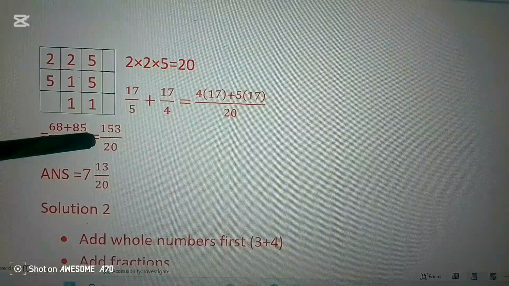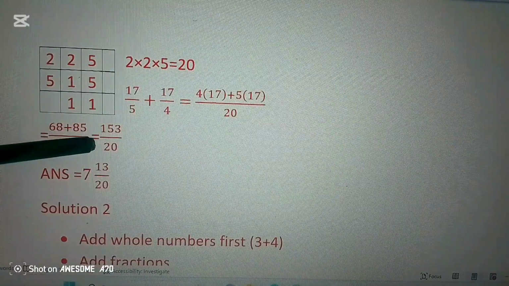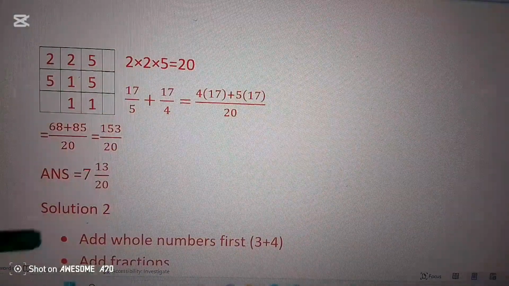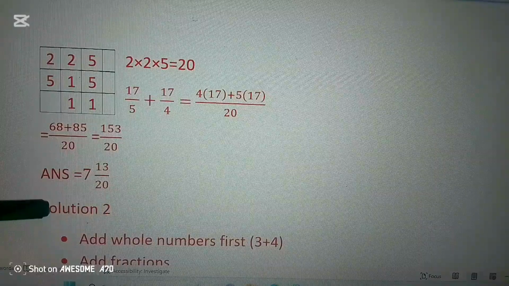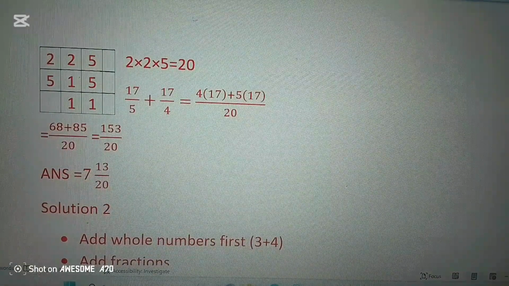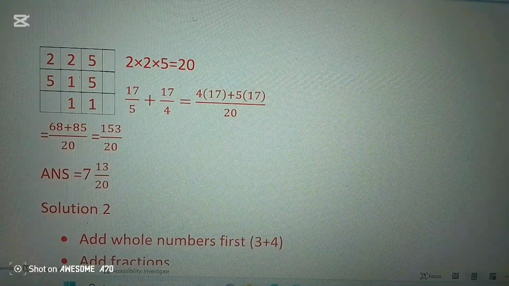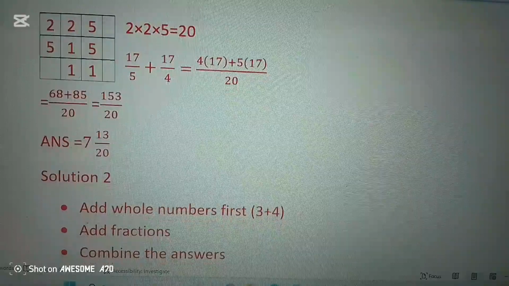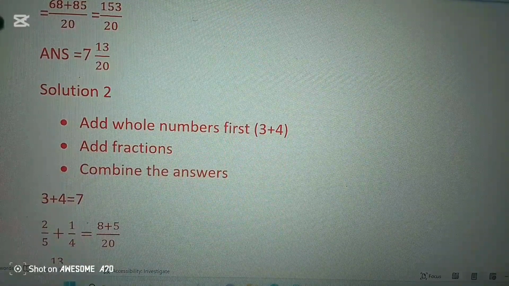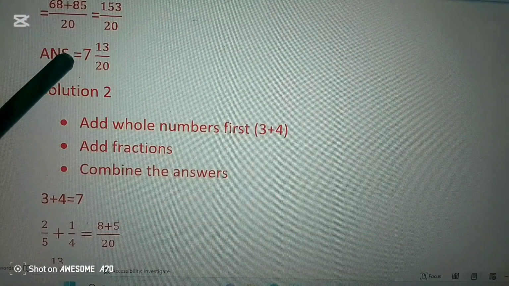In case you don't know how to divide this, we are going to cover it in our next lesson. That was our first solution, and we get our answer as 7 whole number 13 over 20.